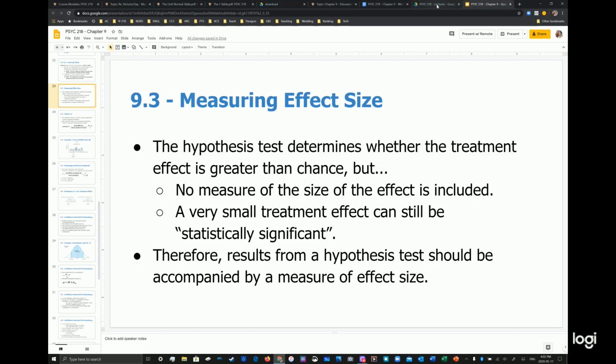So in many ways, measuring effect size after doing a t-test is very similar to measuring effect size after doing a z-test. The principle is the same.